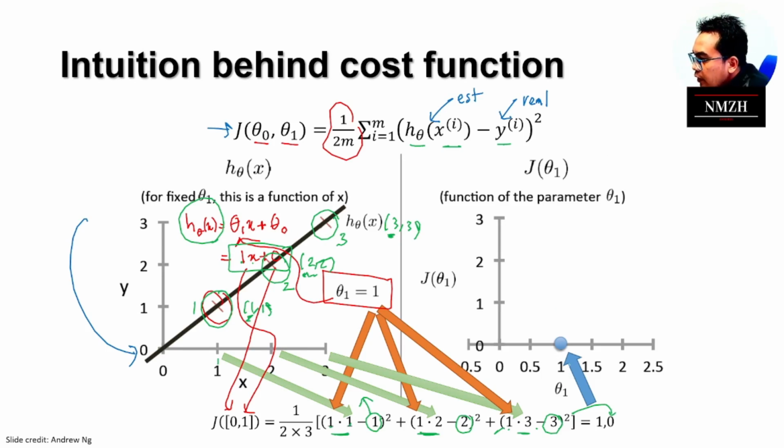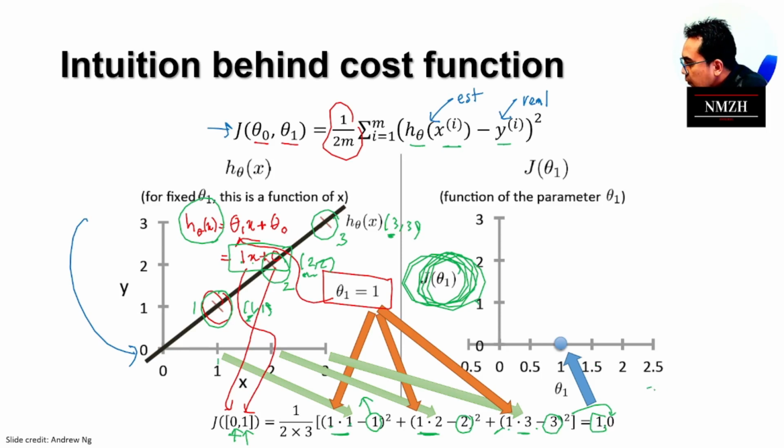Then because of that, 0 is for the function J(theta 1). But the thing is, 1 is taken from theta 1. So where is theta 1, this value or this value, guys? 0 or 1? 1.